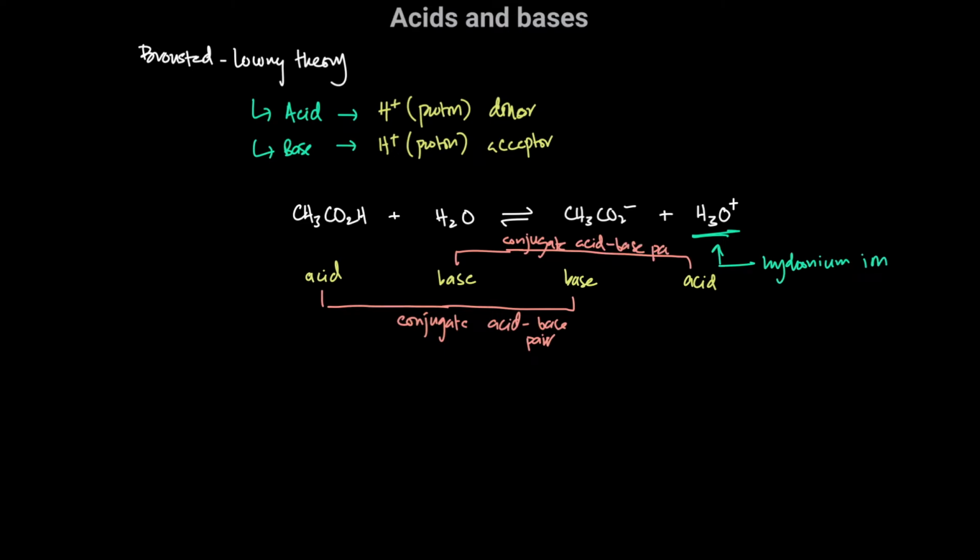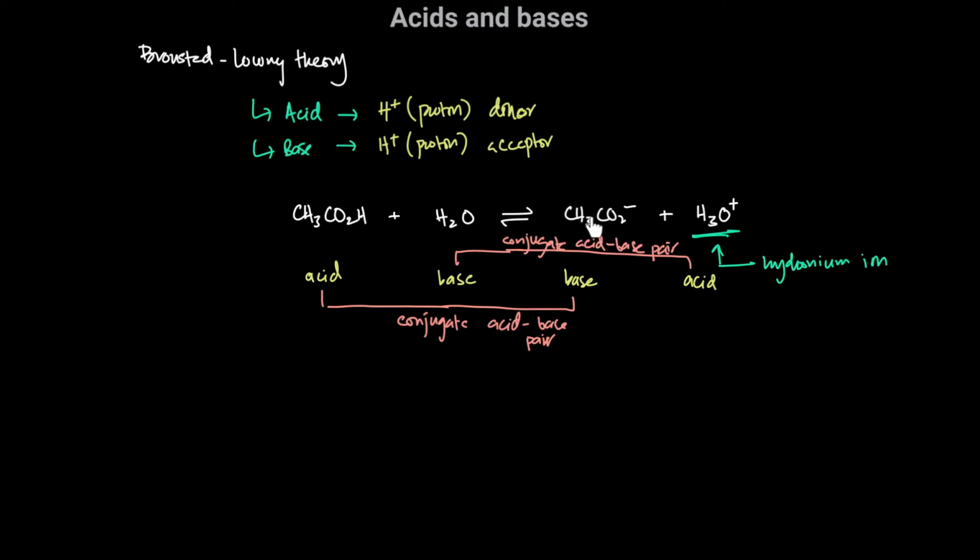If you look at ethanoic acid, it is an acid in this particular reaction. When it loses a proton, it forms its conjugate base, the ethanoate ion. Similarly, when the ethanoate ion gains a proton, it forms ethanoic acid.